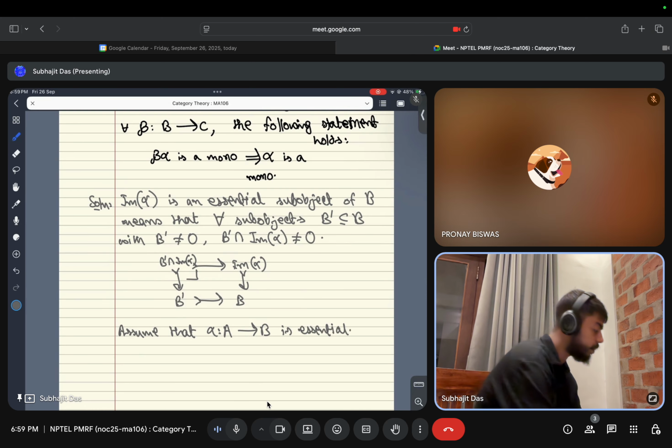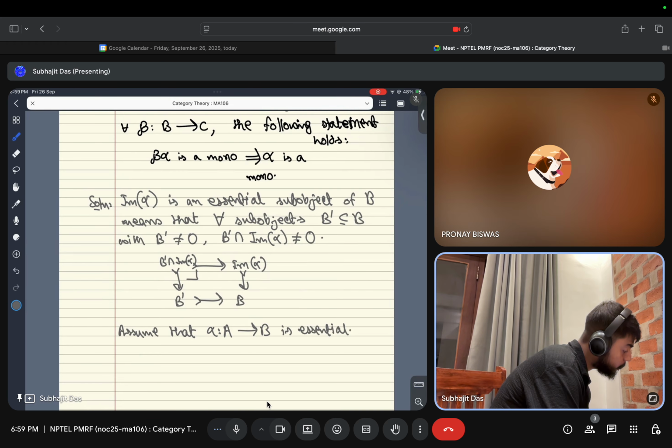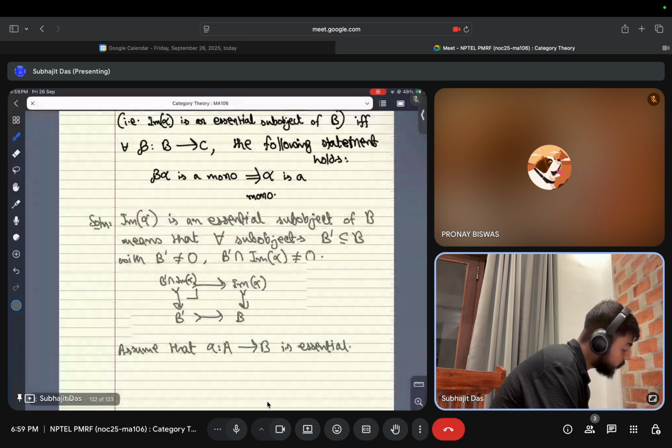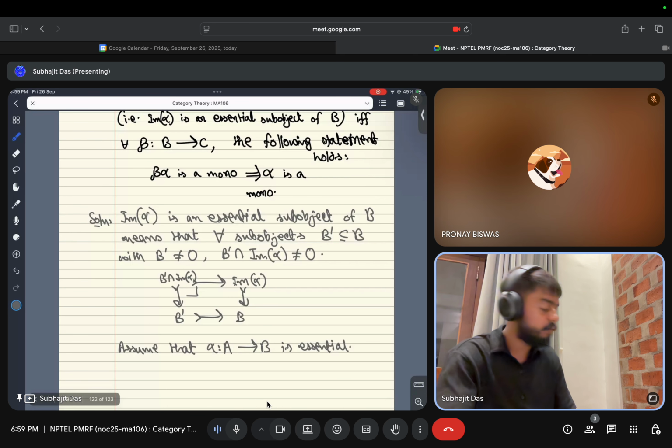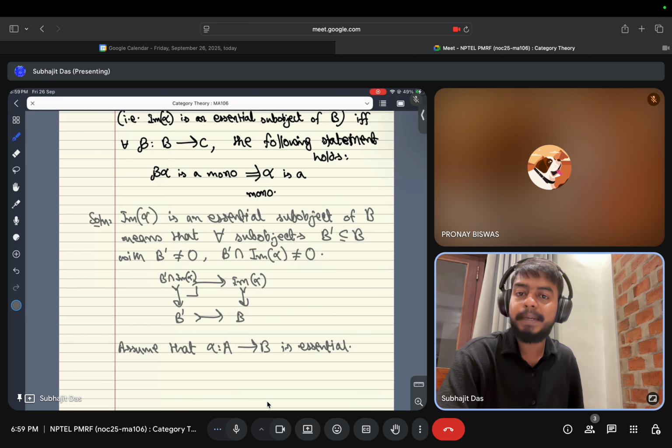What we want to show is that if we take any arbitrary morphism beta from B to C, then beta alpha being a mono should imply alpha is a mono.